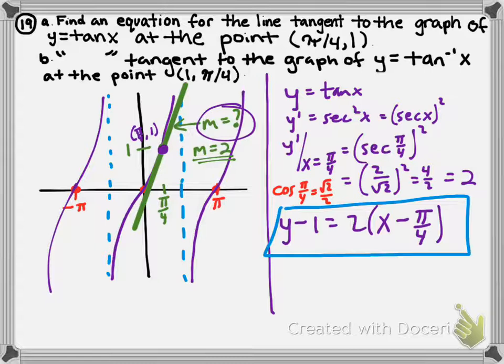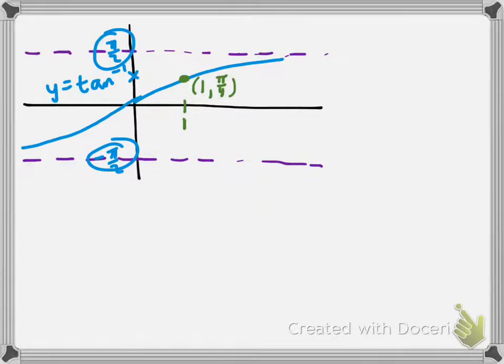So the point (pi over 4, 1) has a slope of 2. On the inverse tangent graph, the corresponding point is when you just flip-flop the coordinates, (1, pi over 4), but it has a slope that's related, and I'll show you how in a minute.